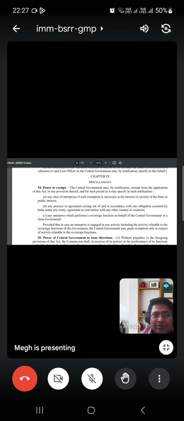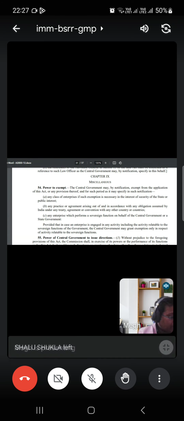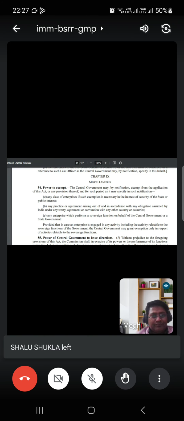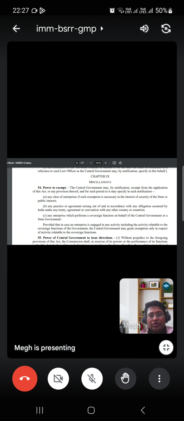So the power to exempt is the striking feature of the Competition Act. Then the next is section 49, and section 49 talks about advocacy, competition advocacy.